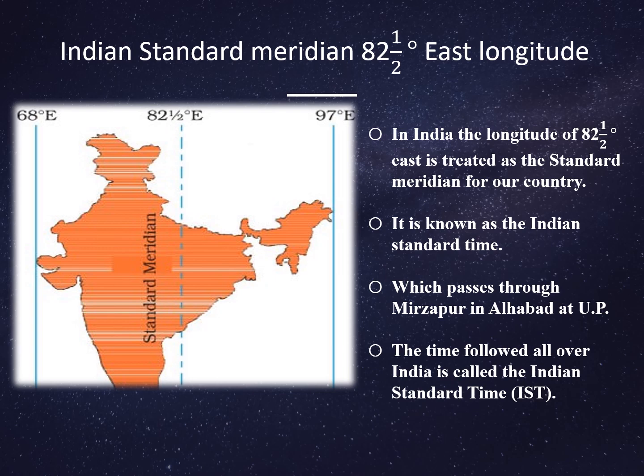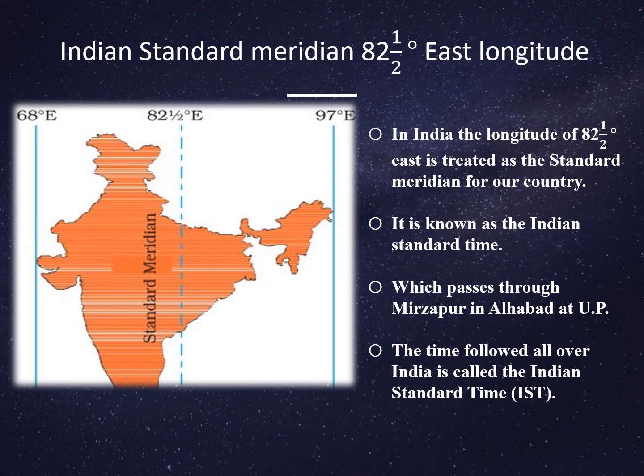You can see on the slide, 82.5 degree east longitude is drawn at the center of the India map. At the center of our country India, a meridian is drawn; that is, the 82.5 degree east meridian is taken as the Indian standard meridian.